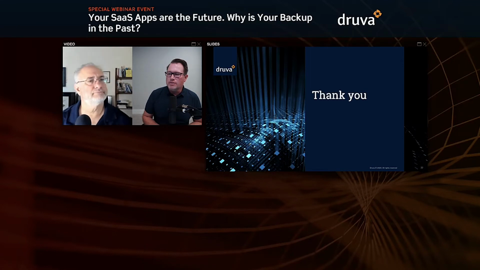Another good question here, they're asking what cloud providers does Druva currently support? So it depends on the question. If they're asking who we support backing up, we support native backup within AWS. We are working on adding Azure very soon.